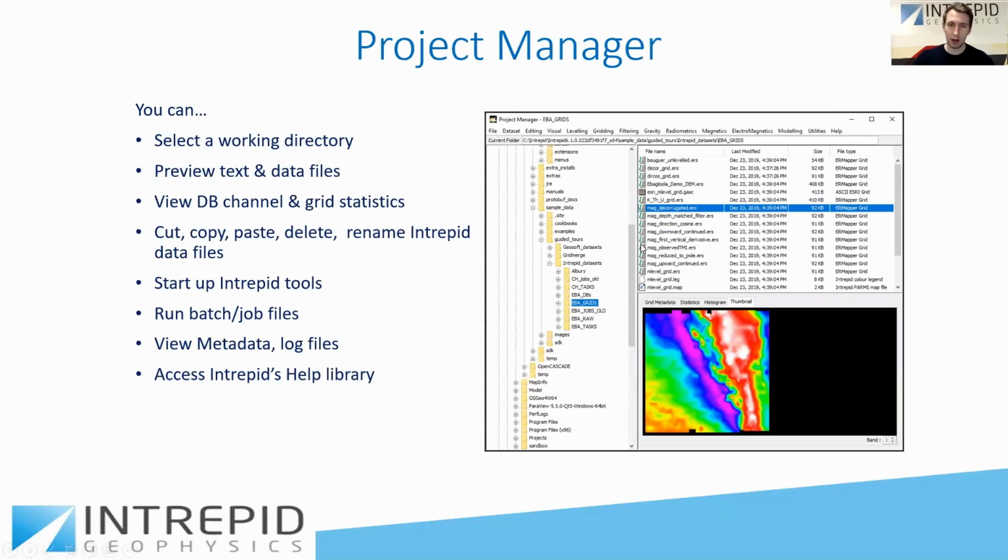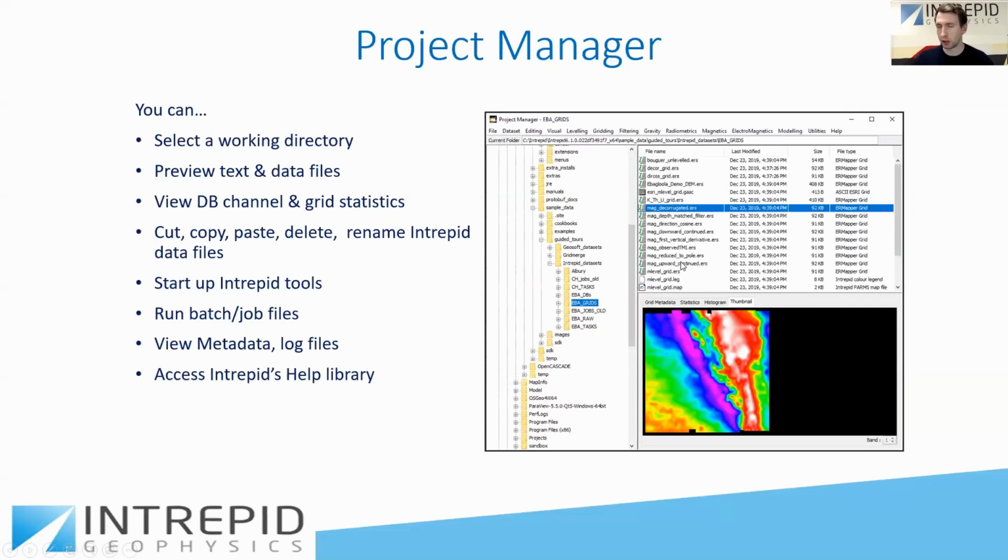So just a bit of retreading what I've said. As you'd expect with a file manager, you can cut, copy, paste, delete, rename files, all that kind of stuff. And you can start up Intrepid tools as well, and run job and batch files directly from the file list.